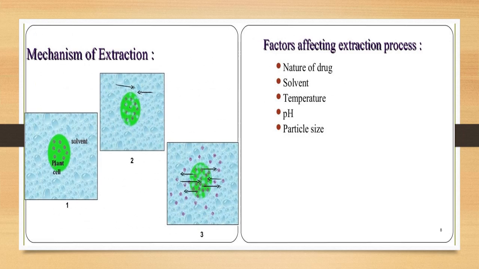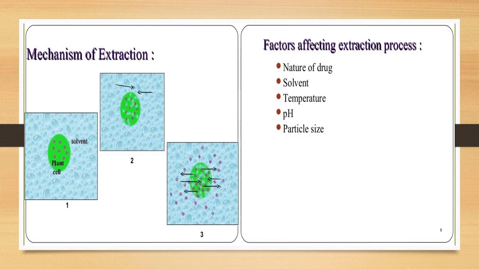Mechanism of extraction: it is the extraction of phytoconstituents from the particular plant cell. In the first figure, we can see that the plant cell from which phytoconstituents are to be separated is put inside a particular solvent. In the second figure, there is a reaction between the plant cell and the solvent.